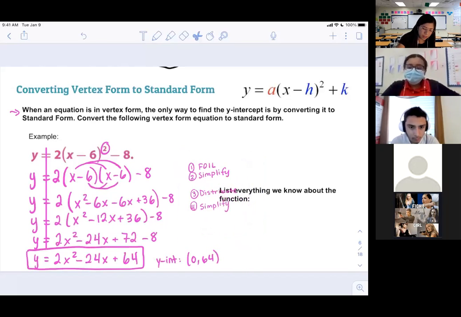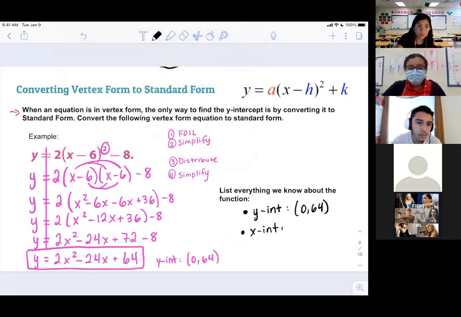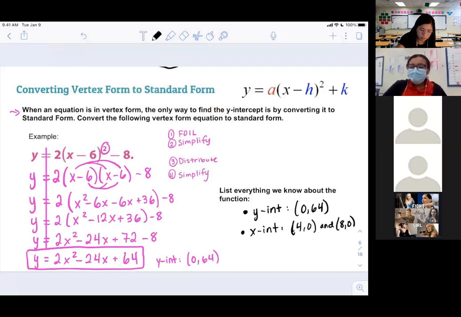Now let's list everything we know about this function. What do we know? The x and y intercepts. What were the x-intercepts? 4, 0 and 8, 0.